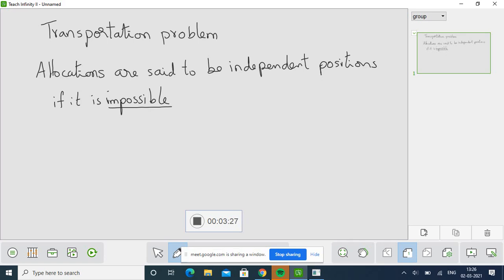Okay, this is the definition for independent position. You take down the definition, then I will explain by means of diagrams.